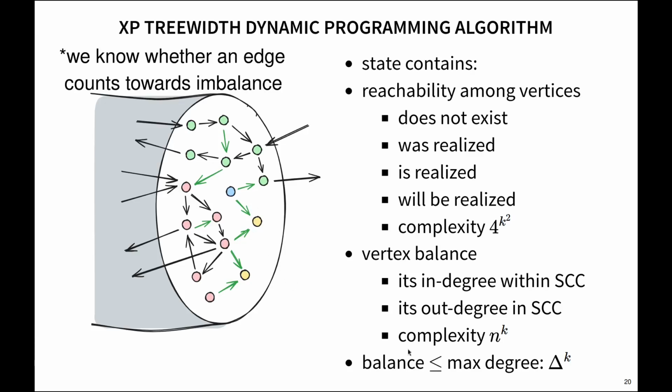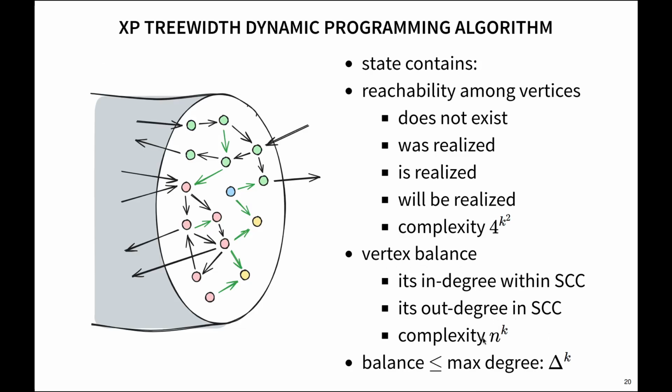And this trivially gives you XP algorithm because these imbalances occupy n to the k space. This already, because we count the balances, gives you FPT for maximum degree and tree width, because the imbalance of a vertex is upper bounded by its degree.